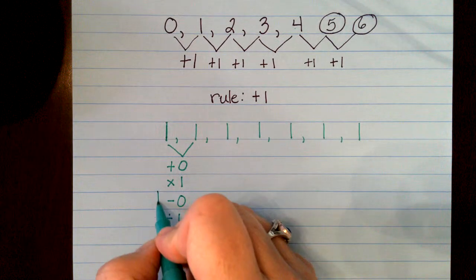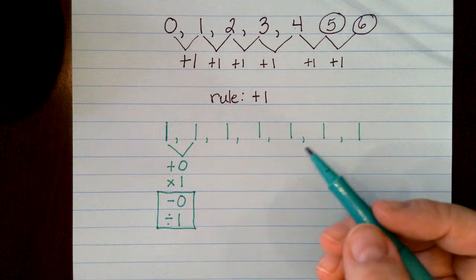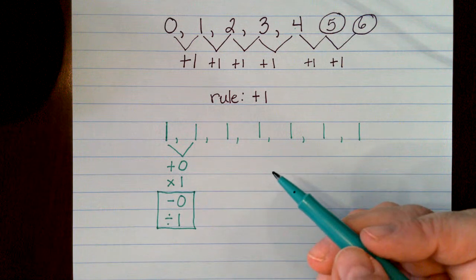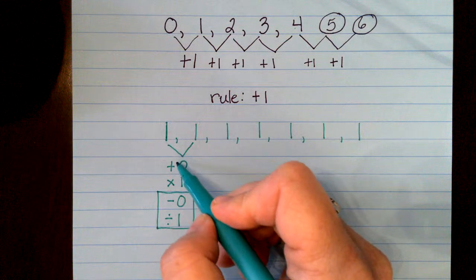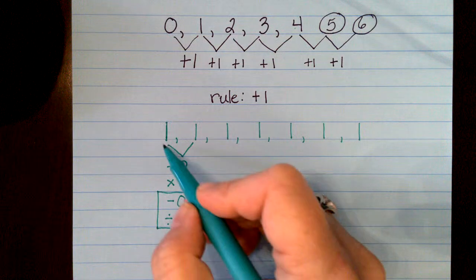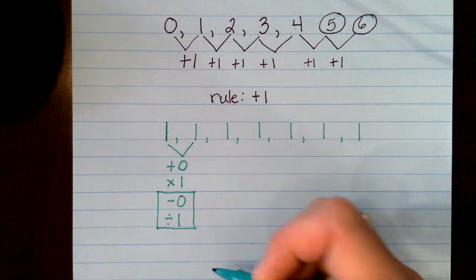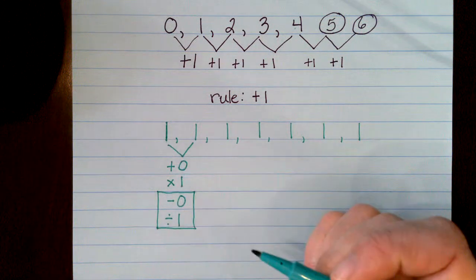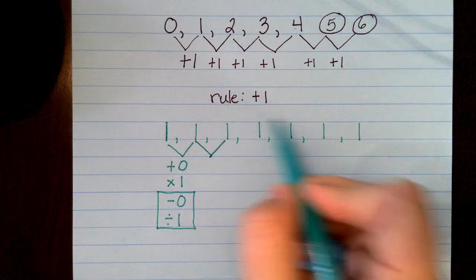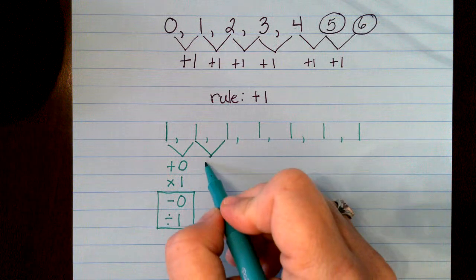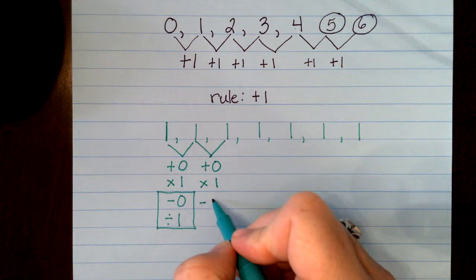Even though we haven't talked about subtraction and division or rules that relate to that in number patterns, those are options that would still work. 1 minus 0 is still 1. 1 divided by 1 is still 1. 1 plus 0 is 1. And 1 times 1 is 1. So as we keep going, since each term is 1, we know that all of these still apply.